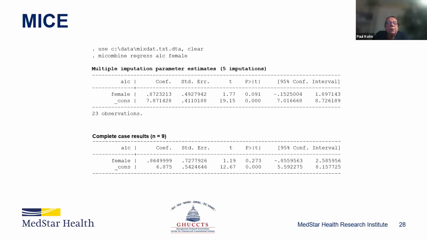Doing the complete case results, which in this data set I just took 9 with complete data, you see that we get somewhat different, although not much different, values for the regression coefficient. But of course, with the imputed data, we have much more power. So we can see that it still isn't significant at the 0.05 level, but it's in a sense more significant than the complete case analysis. And we get much narrower confidence intervals than we do with the complete case analysis.